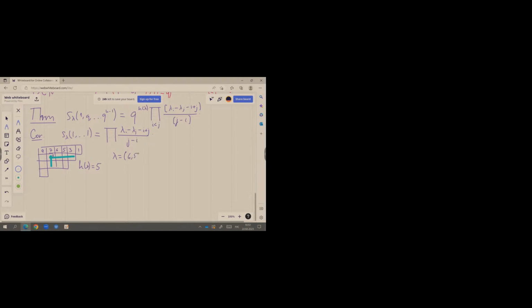In the first row the hook lengths are 1, 3, 5, 6, 7, 9. In the second row I have 1, 3, 4, 5, 7. In the third row I have 1, 2, 3, 5, and in the last row I have 1.